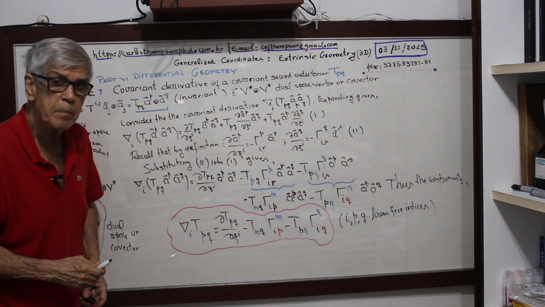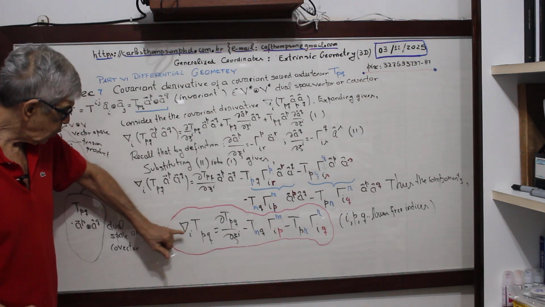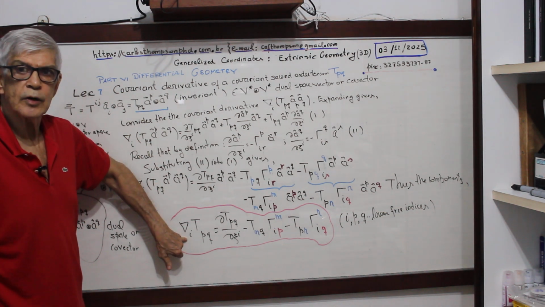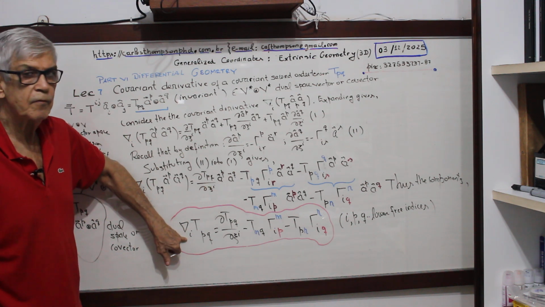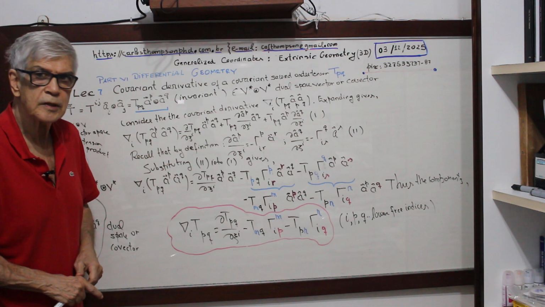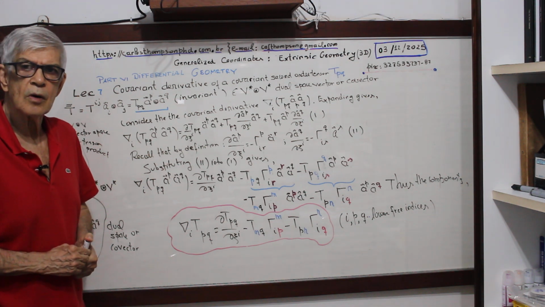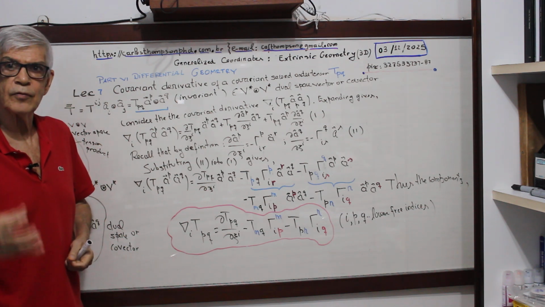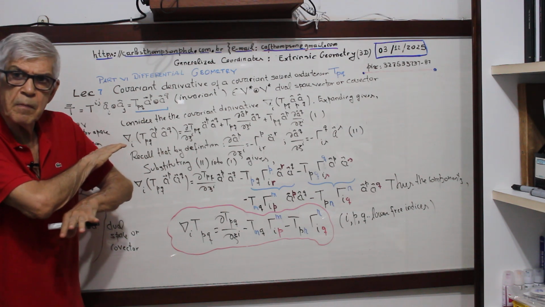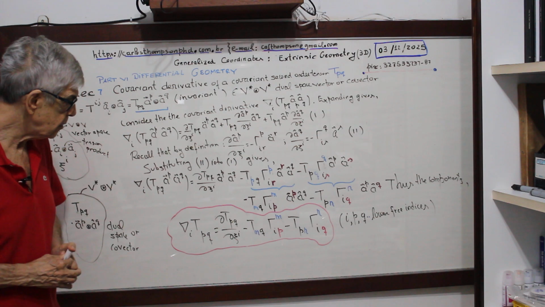This will be quite important when you apply the covariant derivative to the metric, okay? That's very, very important. From this, we're going to obtain the Christoffel symbols in terms of the metric. That's a very, very, very fundamental formula.